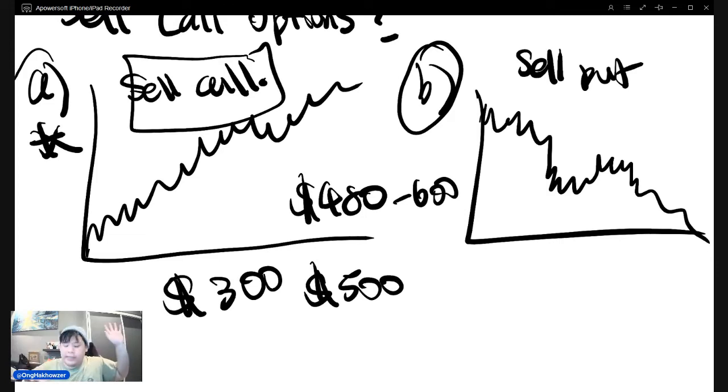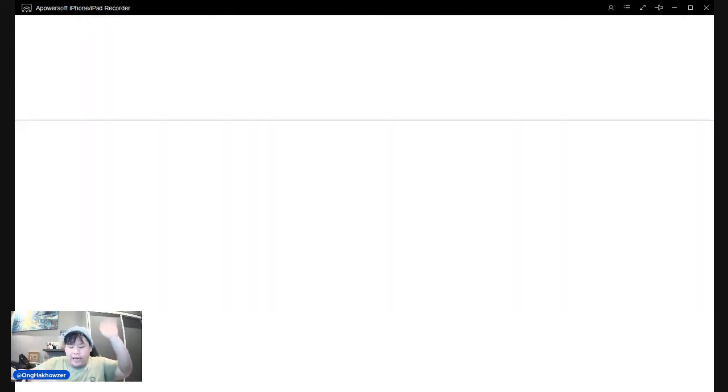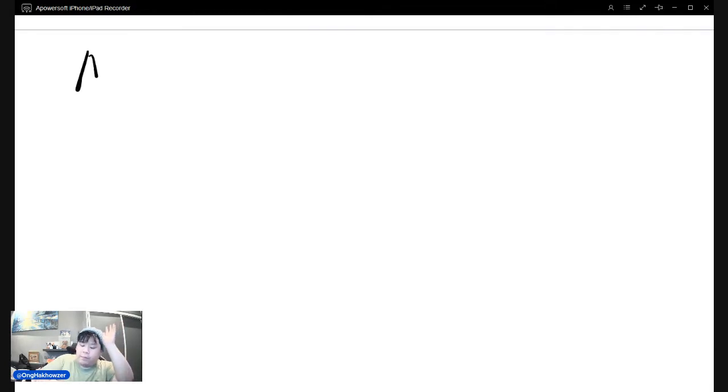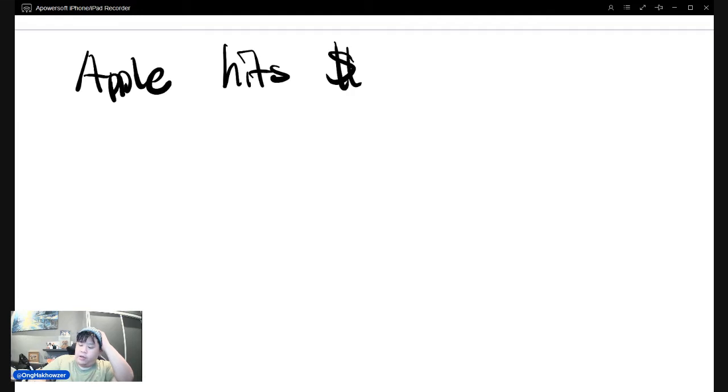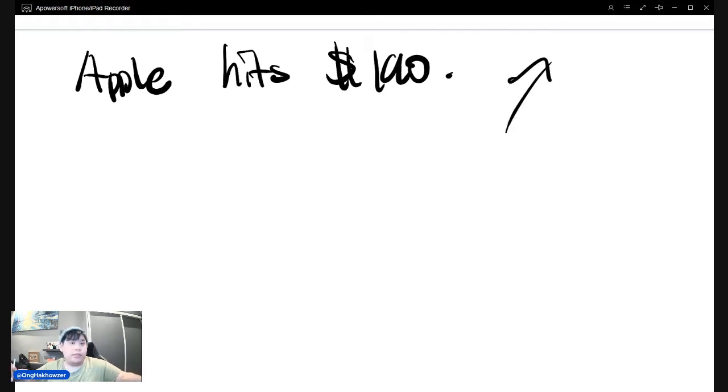Okay, so let's just say Apple miraculously hits $190, and I do not get caught up for my options as well. I get my free $216 for free. Okay, I do not get caught up at all. Okay, and then Apple starts to go up in price.